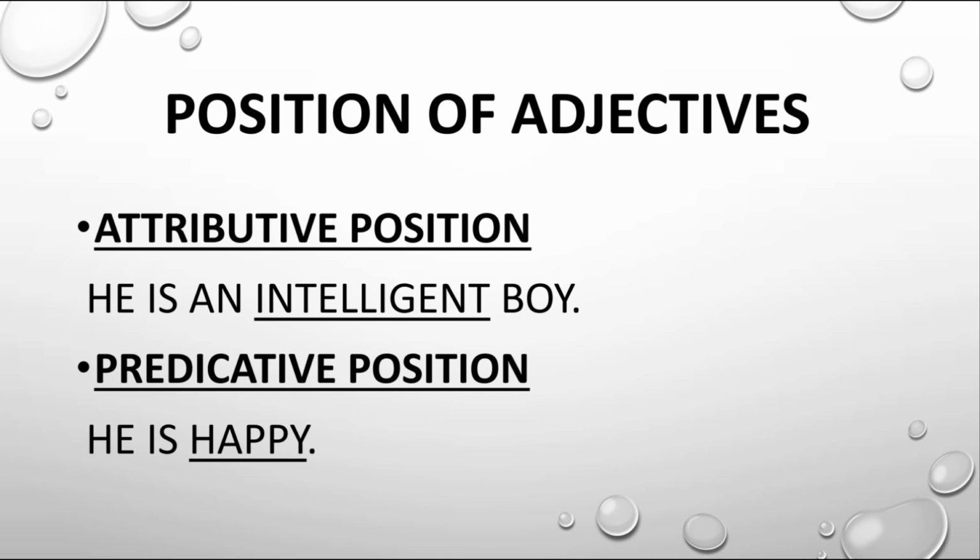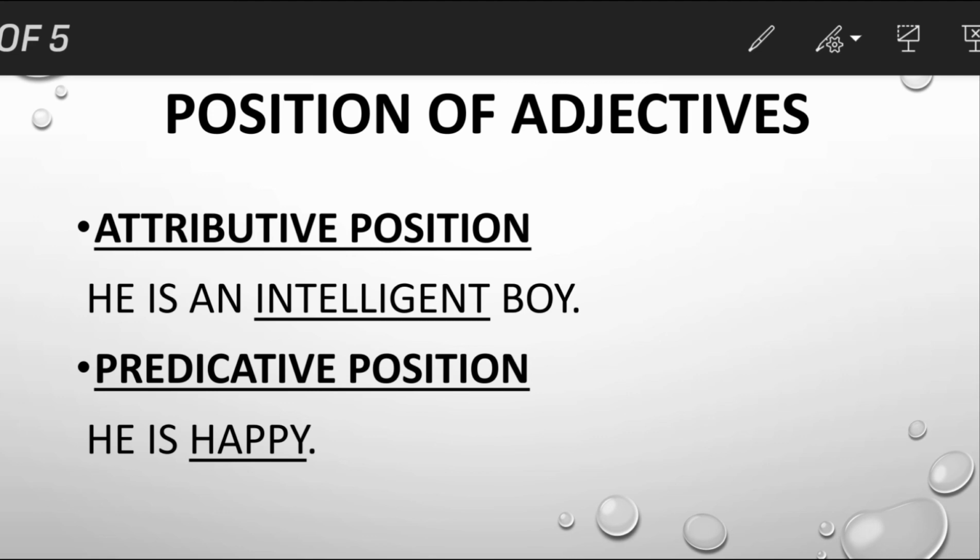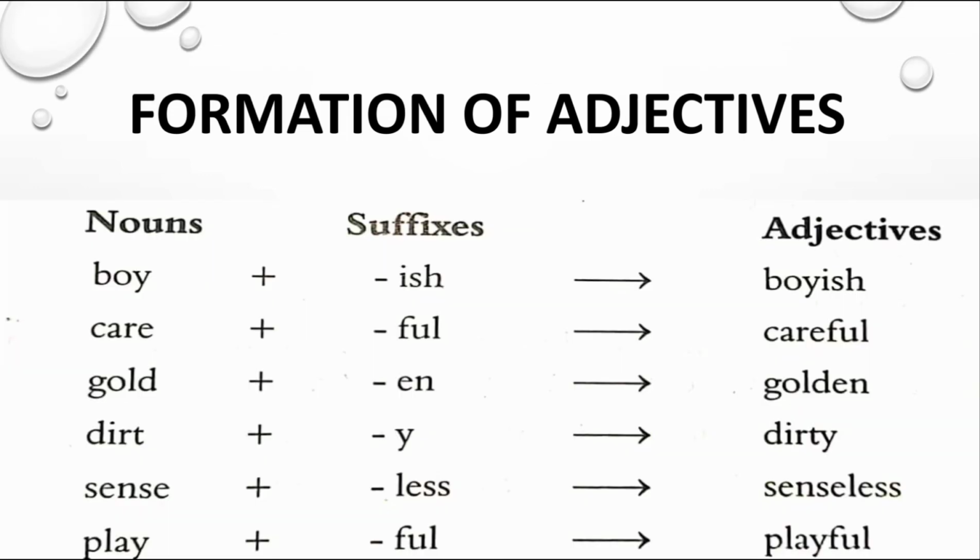Now students, we can form adjectives from nouns by adding various suffixes. So this topic is formation of adjectives. Students, suffixes mean a group of letters placed at the end of a word to make a new word. Now just look at this table.